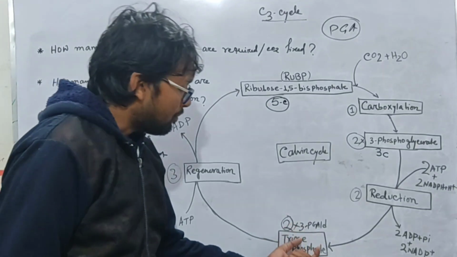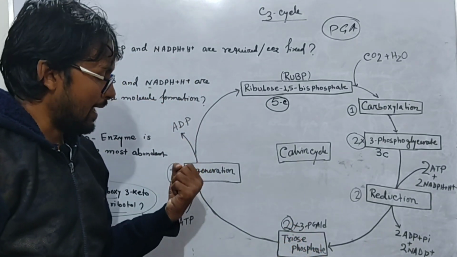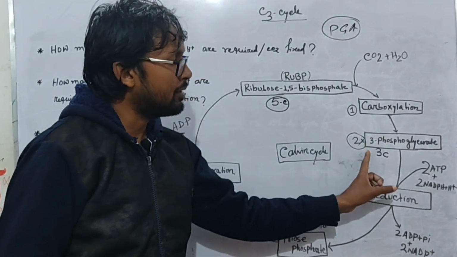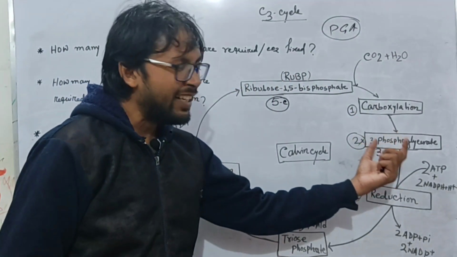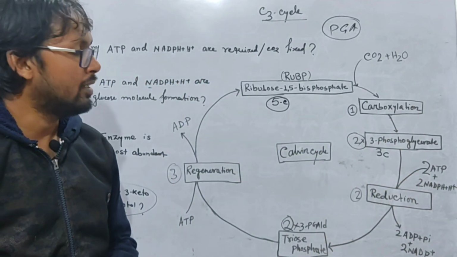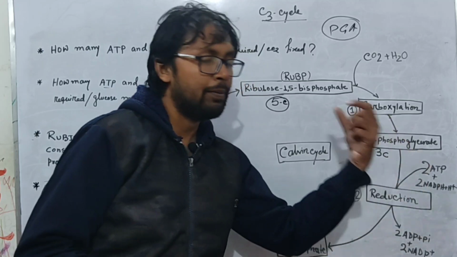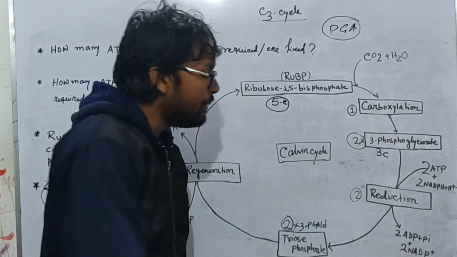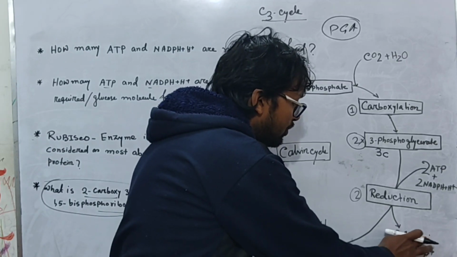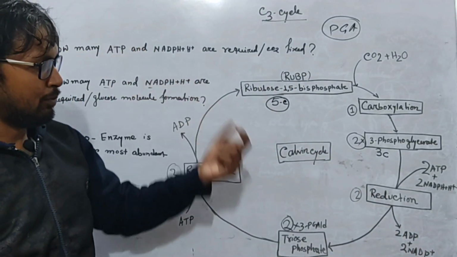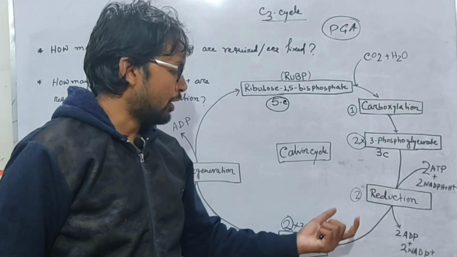Now, to reduce the 2 molecules of 3-PGA, how many ATP and NADPH are required? Here 2 ATP and 2 NADPH are required. So these 2 ATP are converted into 2 ADP, not Pi actually; Pi goes in 1,3-bisphosphoglycerate formation, which is a transitory product.